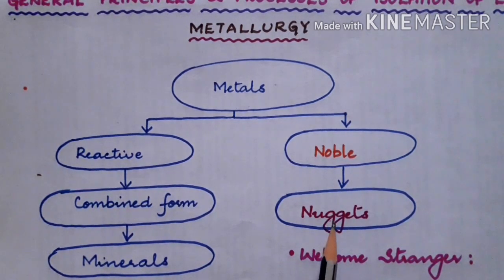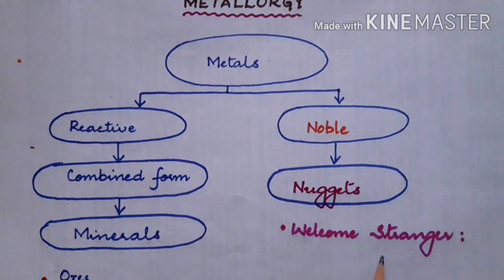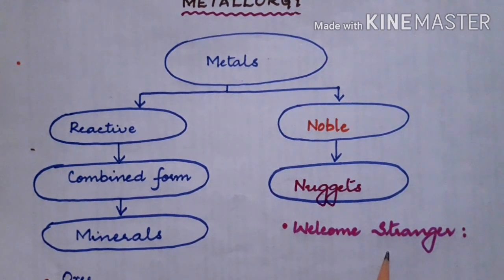The largest ever isolated nugget of gold is known as Welcome Stranger, and it was isolated from Australia. It weighs around 71 kilograms.